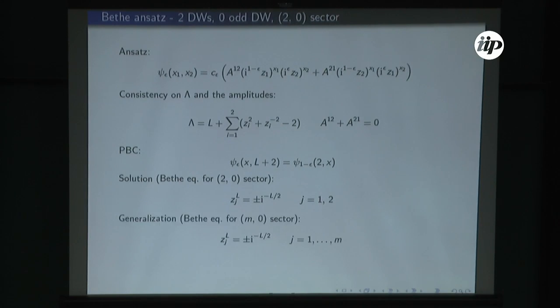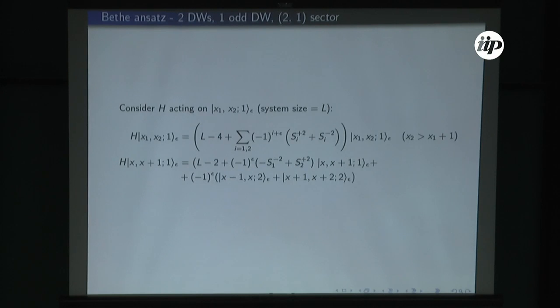If you do the same for an increased number of domain walls, but still with zero odd domain walls, then you will get the same equations just for more particles. So this is very simple. Now, because of the Pauli principle, the squares of these Bethe roots cannot be equal. So this is free fermionic. This is not so interesting.